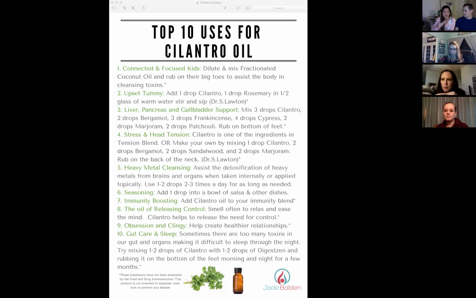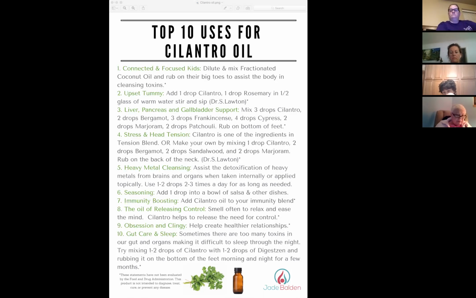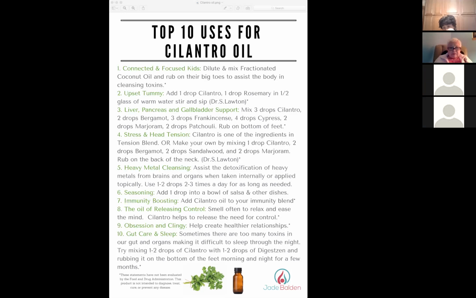I tell them to keep drinking water and keep going, because we need to flush that out, and eventually they feel better. It may not be pleasant at first. It might have a metal taste in their mouth, but just keep drinking water and it'll help cleanse them out.